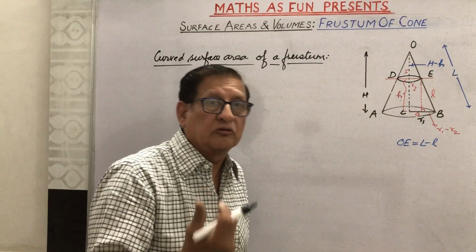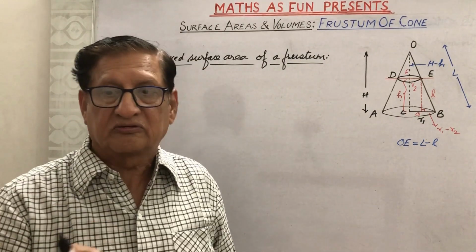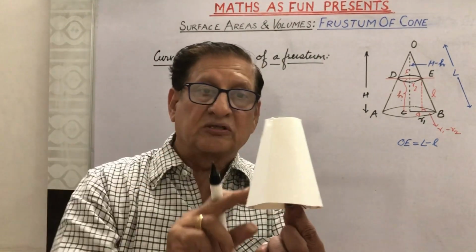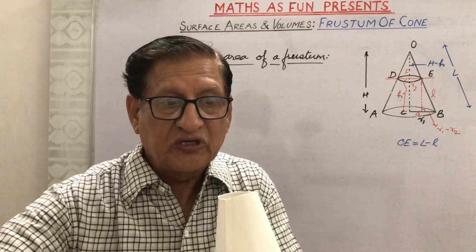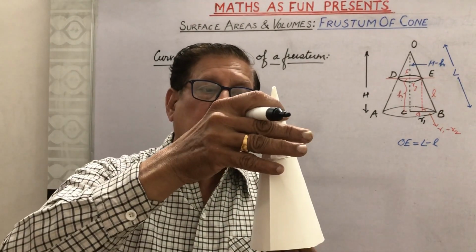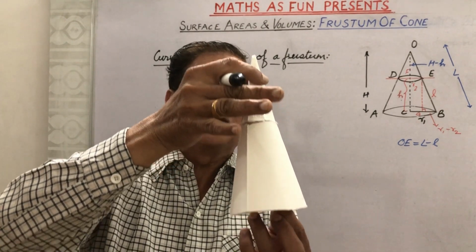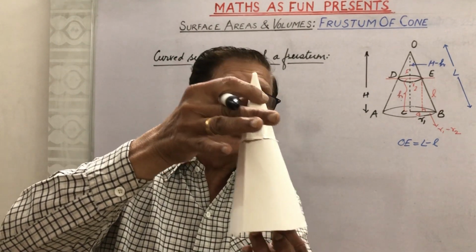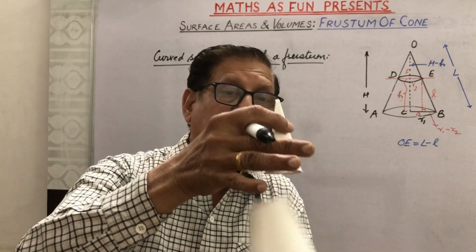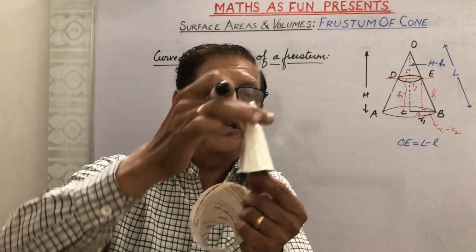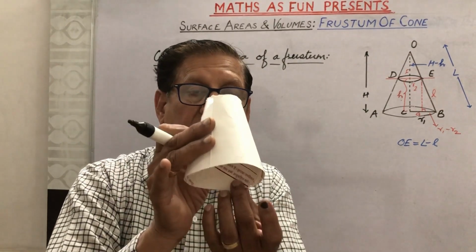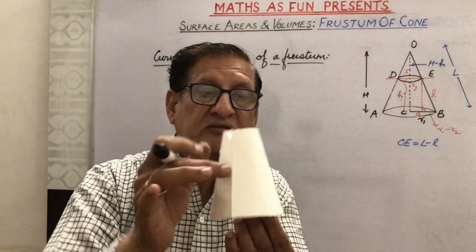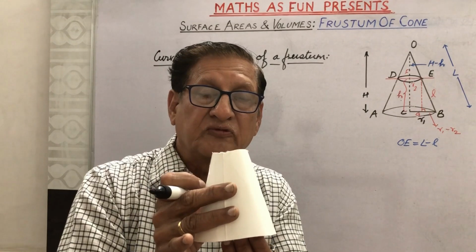Then how to find out the curved surface area? What is the meaning of the curved surface area? See, this is the frustum and you can see this is the curved surface area we have to find. Suppose we join it, this is the complete cone you can see. If we find the curved surface area of this complete cone and then subtract the curved surface area of this cone, we find that this is the curved surface area of this particular frustum.